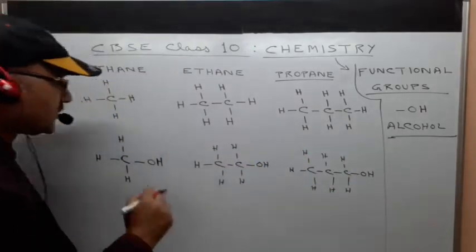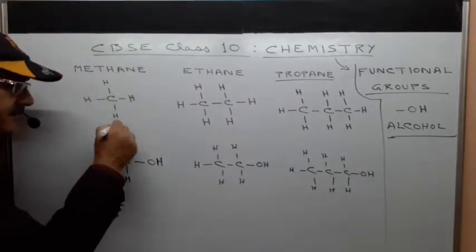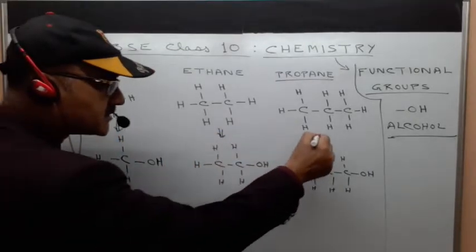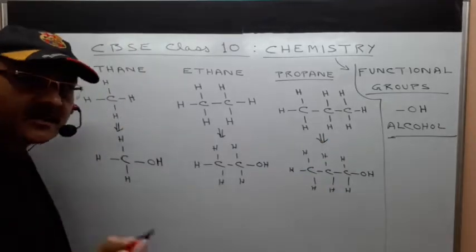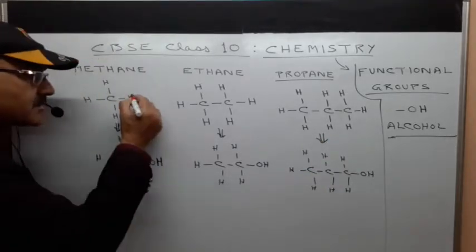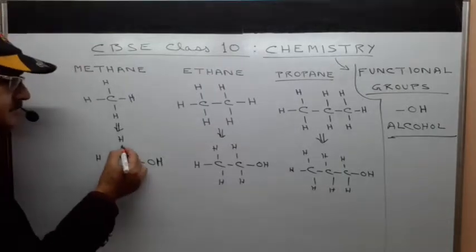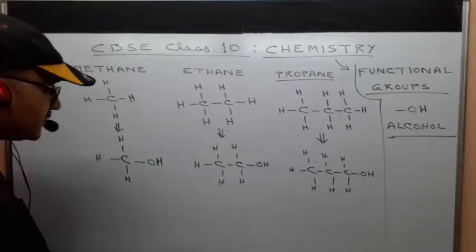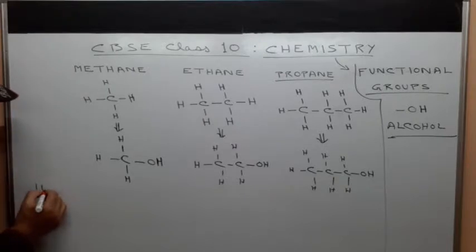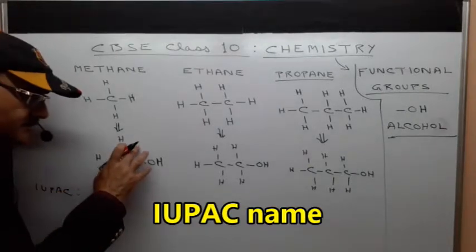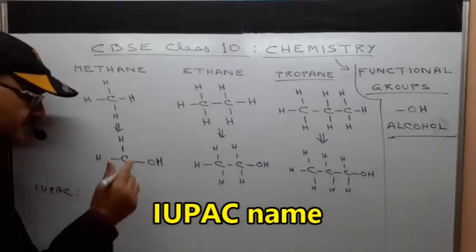Now here, this is derived from this, this is derived from this, this is derived from this. Derived in the sense we have replaced this hydrogen with an alcohol group. Now if we use the IUPAC convention, this molecule is derived from methane.